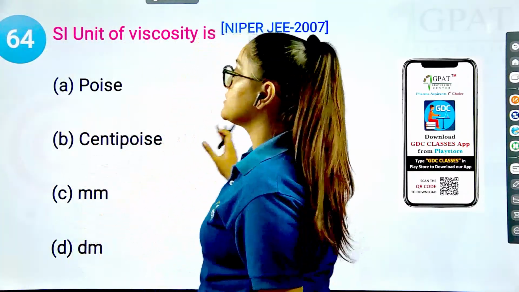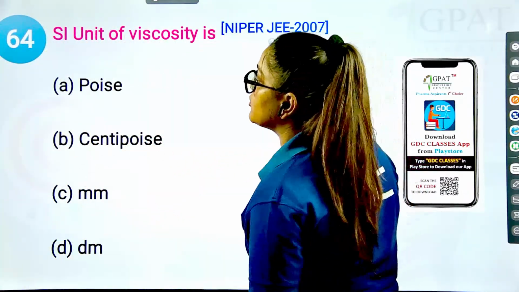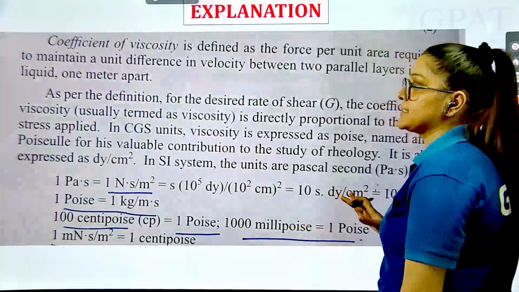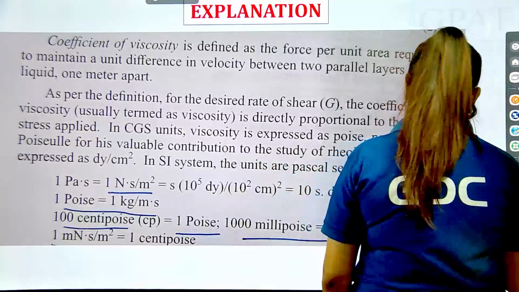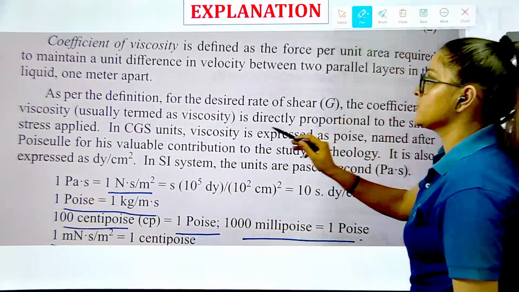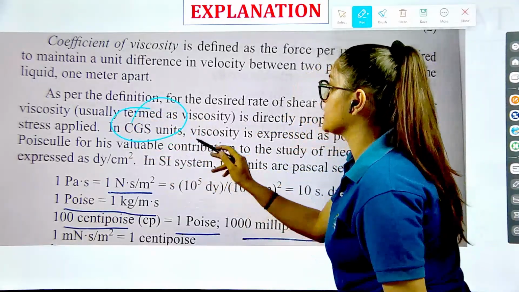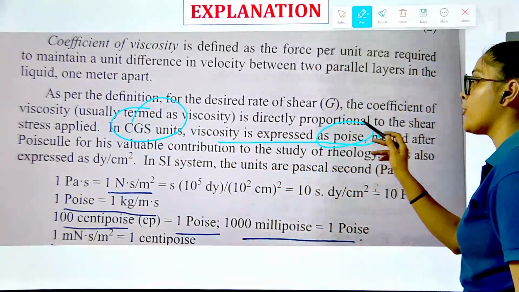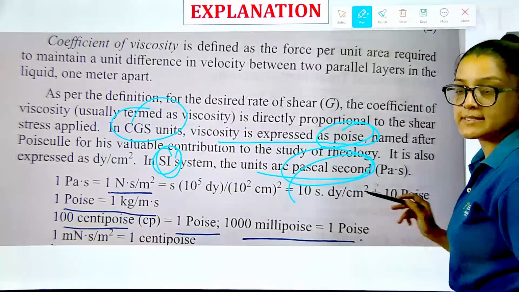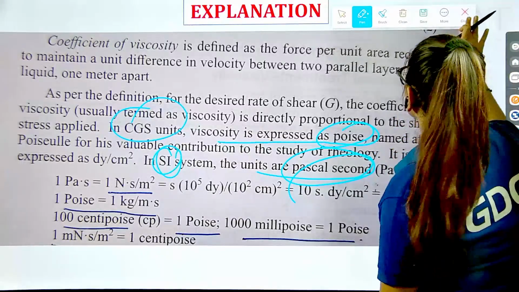So none of these should be the answer, but if it says poise, poise is the CGS unit, not the SI unit. As I've mentioned, this is a confusion. The CGS unit is the poise. For the SI system, it is the Pascal second. Must remember these points.